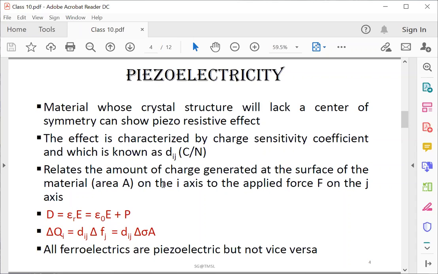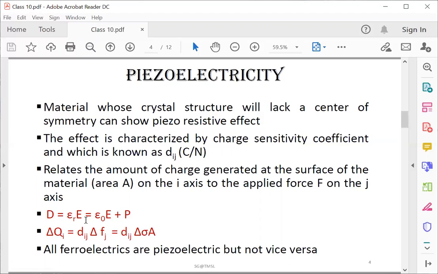Now, if we apply force on the J-axis, then on the I-axis you will get some charge which is generated, and that is basically Dij. So D, which is equal to epsilon R into E, is a well-known relation.